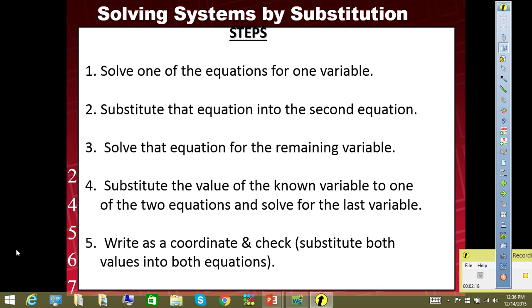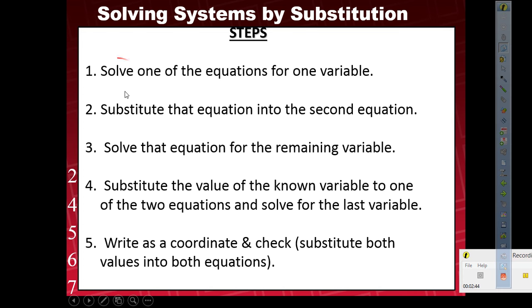So check this out. Step 1, we're going to solve for one variable, and you pick the equation that you want. Does it say which variable? Does it say which equation? No. So this is where they start giving you options. Step 2, once you solve for that one variable, you're going to substitute that equation into the second equation, or the one that you did not use.